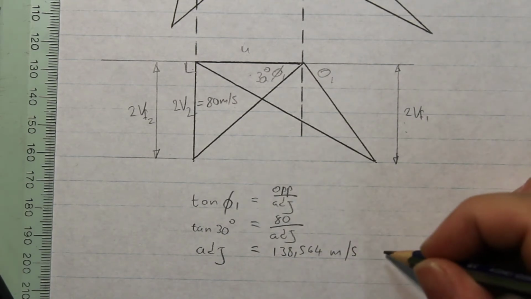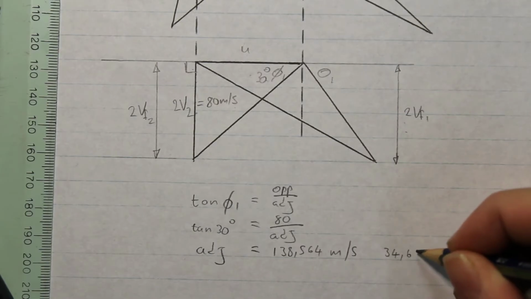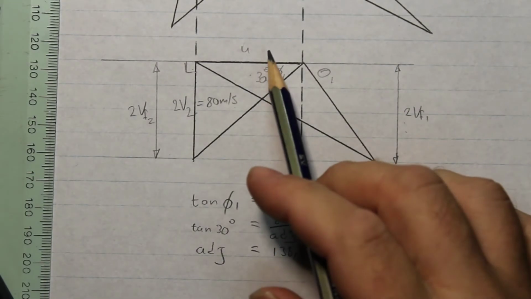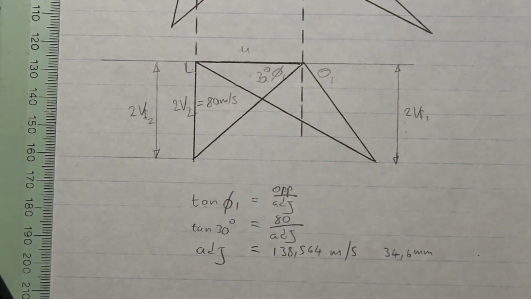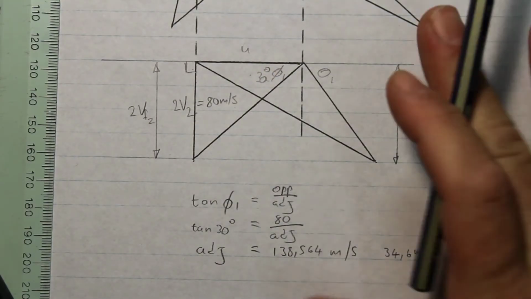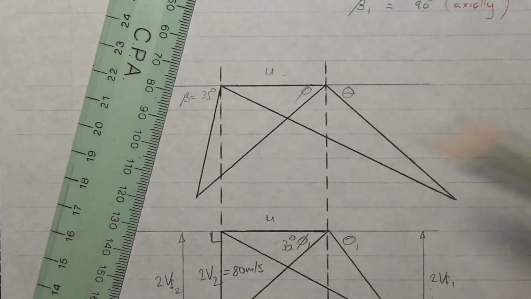And then we just have to divide that by 4 meters per second, and we're going to get a length of 34,6 millimeters. All right, so now we know how long to draw this, 34,6 millimeters, and it's going to be the same for the first set of moving blades up there as well.